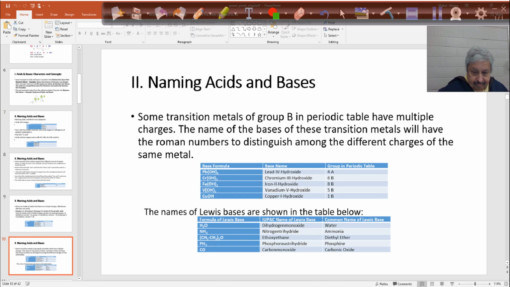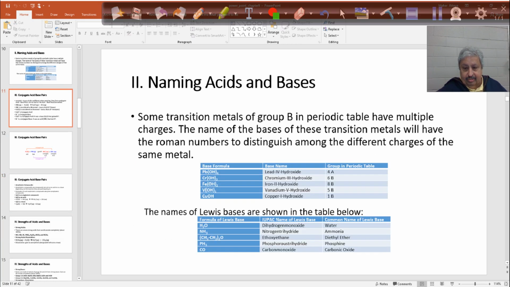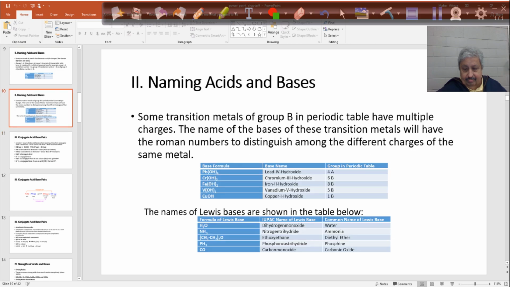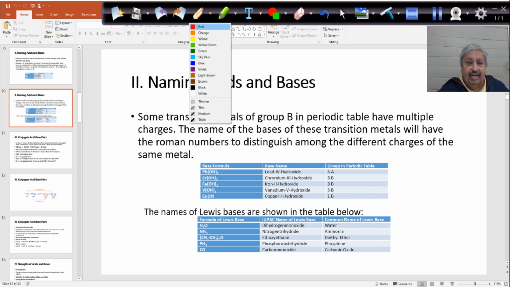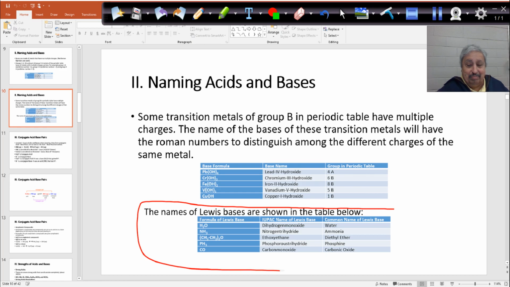If you look at those here, guys. Here they are, some of those common name bases. Those are Lewis bases. And as you can see, you cannot name them as a usual base with the metal and hydroxide. So here those are special Lewis bases, and they do have special names, correct?